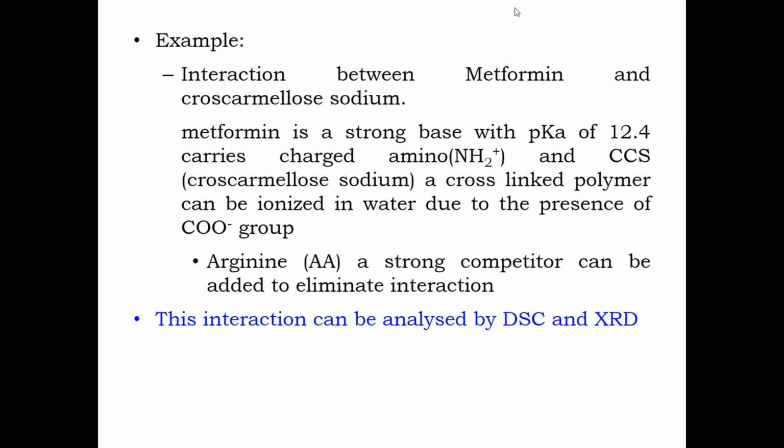The next example we will be learning is the interaction between metformin and croscarmellose sodium, CCS, which is an excipient. Metformin is a drug and croscarmellose sodium is the excipient. And this metformin is a strong base, all these details are not required for you. But if you are very good in the knowledge of pKa, you know every drug has its own unique pKa value, and that pKa value is the deciding factor, depending on the pH of the environment, of how much will be ionized and how much will be unionized.